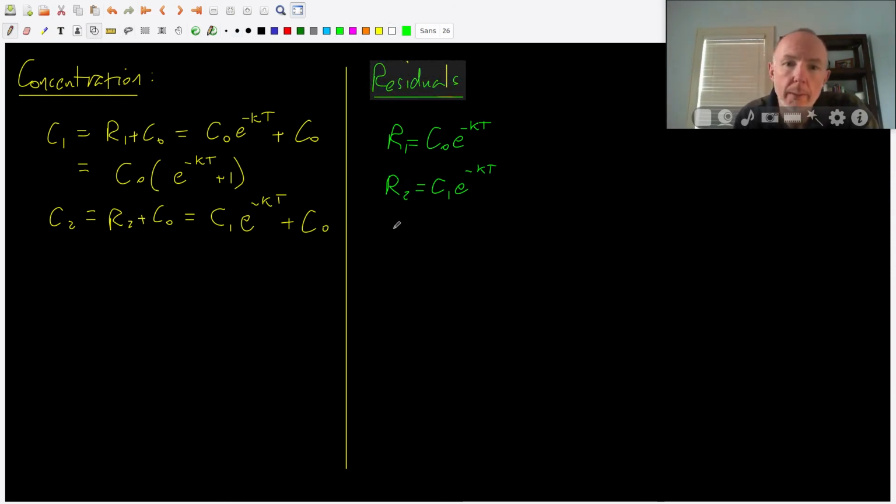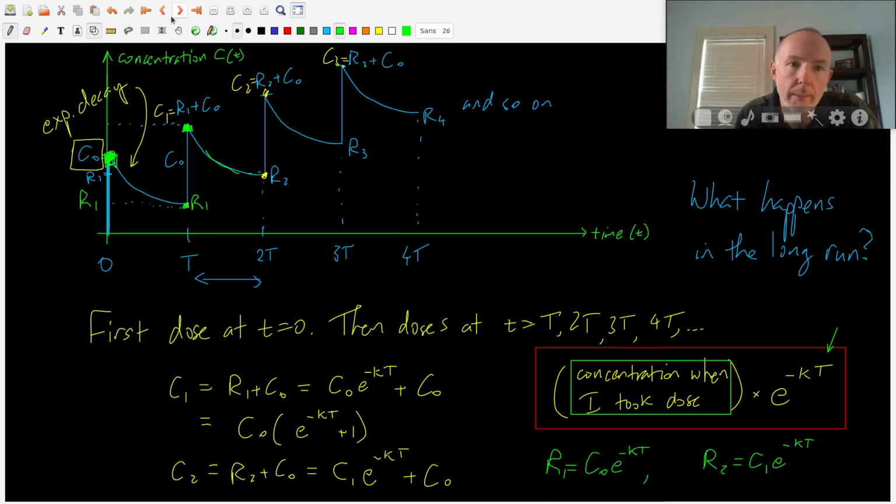What I want to do is build up this list of residuals a little bit. So the third residual, let's think about that. If we go back to the picture, we can see the third residual is going to be what we get from decaying the concentration C2. And the fourth residual is going to be what we get decaying the concentration C3. And the fifth residual is going to be the decay of the concentration C4.